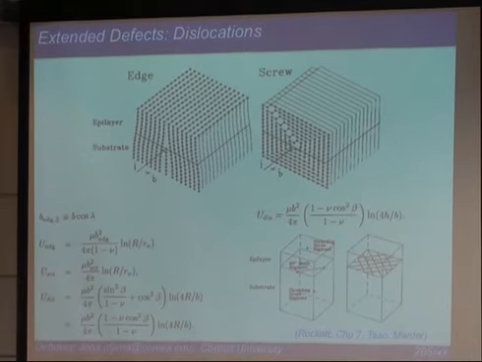What you can do is, when you take a TEM image and you get a lattice image of it, you can take a Fourier transform of it and it will tell you right away a direct image of the dislocations. That's called geometric phase analysis.